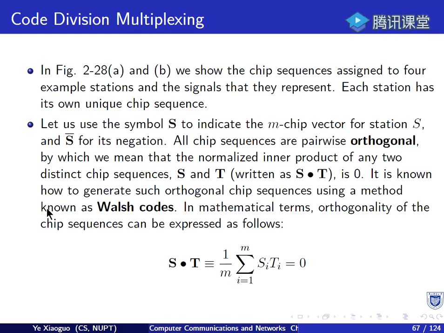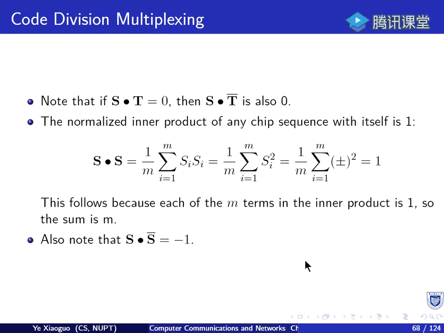It is known how to generate such orthogonal chip sequences using this method, Walsh codes. Then if S inner product T equals 0, then S inner product T bar is also 0. But S inner product S equals 1.